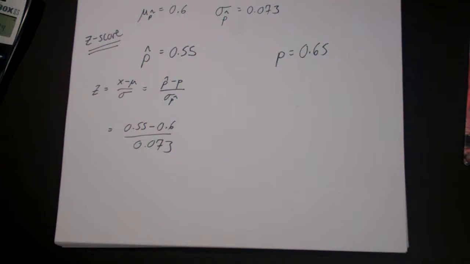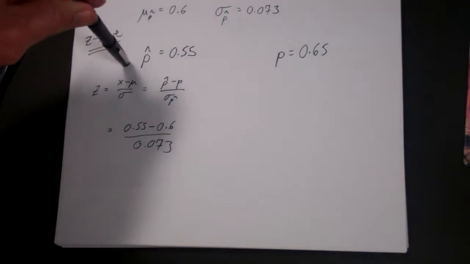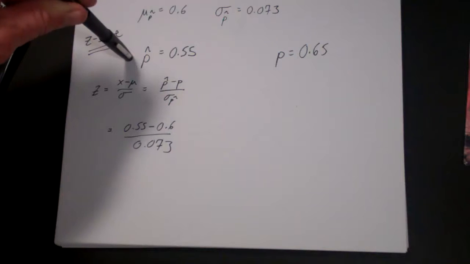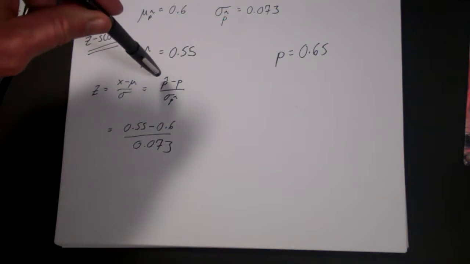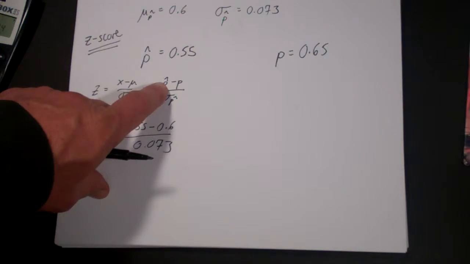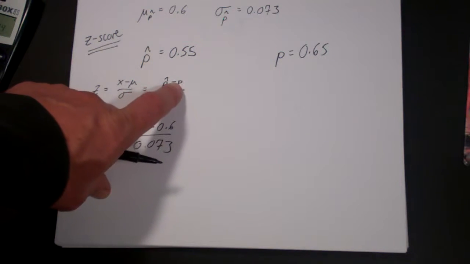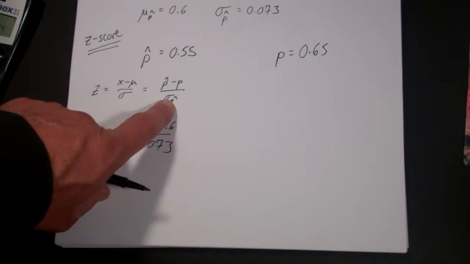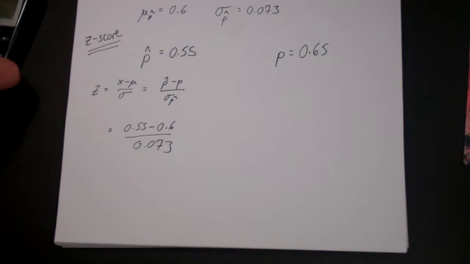Let's make sure what we're doing here. We have a given value of p-hat, but we want to find the standardized value, or the z-score. So we take the sample value minus the true population value divided by the standard deviation of the estimator. And then we just do that on our calculator.